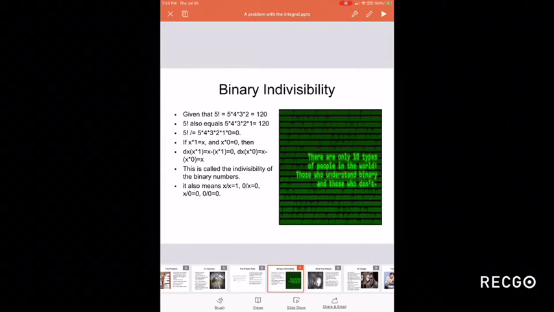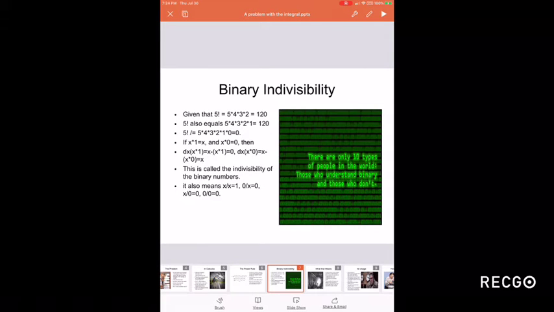Given that 5 factorial equals 5 times 4 times 3 times 2, which is 120, 5 factorial also equals 5 times 4 times 3 times 2 times 1, which is also 120. 5 factorial does not equal 5 times 4 times 3 times 2 times 1 times 0, which is 0. If x times 1 equals x, and x times 0 equals 0, then x times 1 equals x minus x times 1 equals 0. x times 0 equals x.